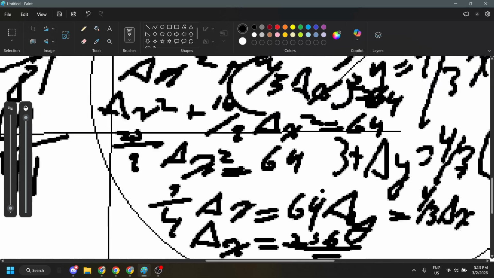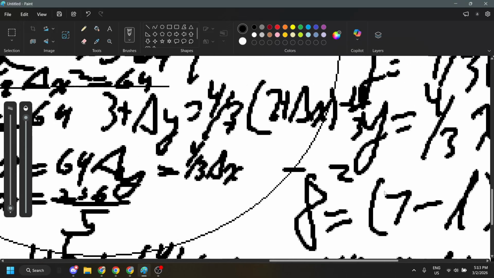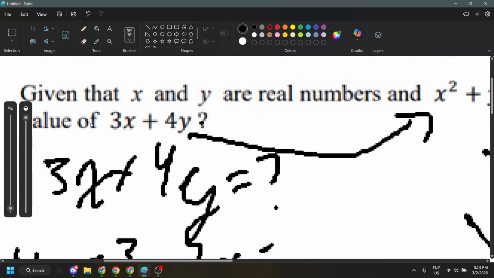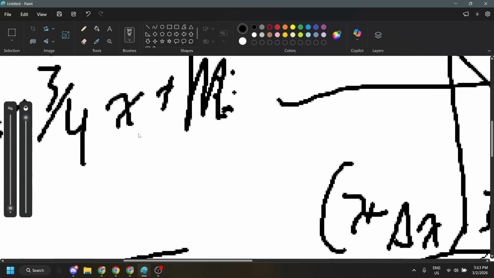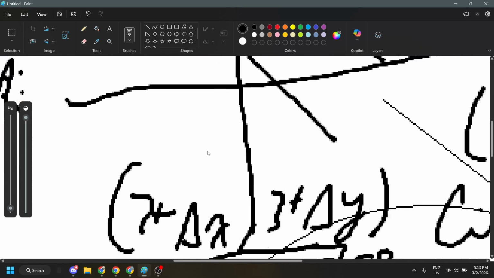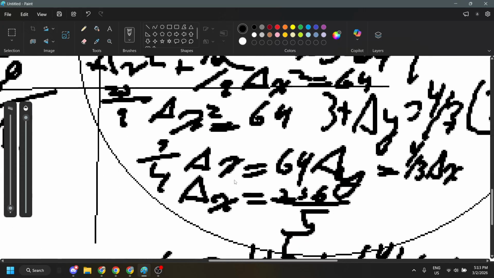Okay, cool. So our solution is we have an x value.